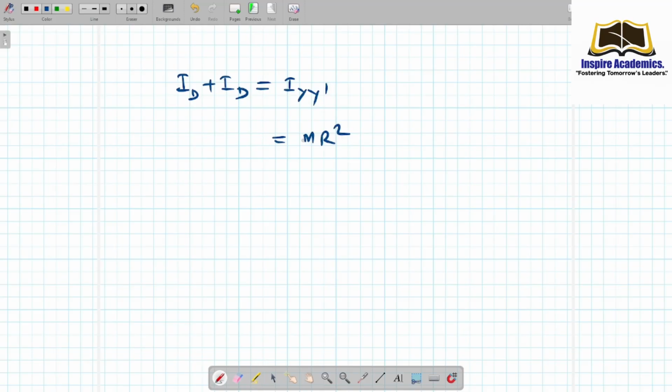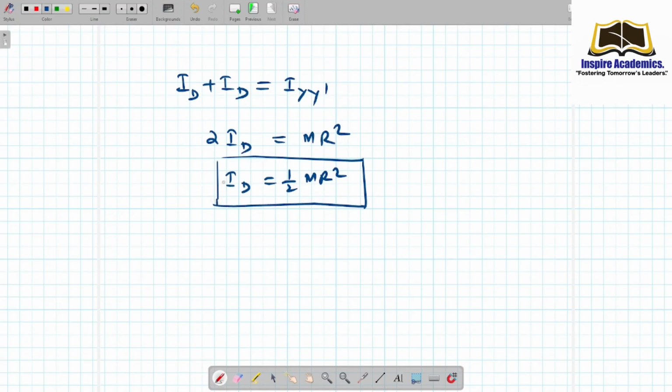M R square, we just did it. So twice I D would be this. So I D would be half M R square. That means if we rotate about the diameter, the ring's MI would be half of what it was earlier.